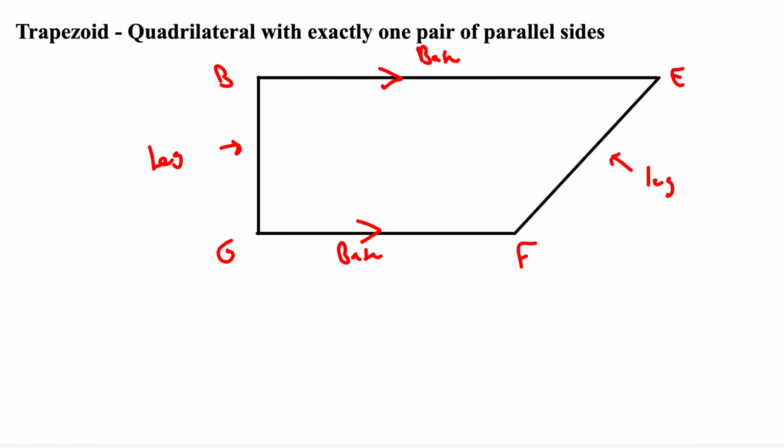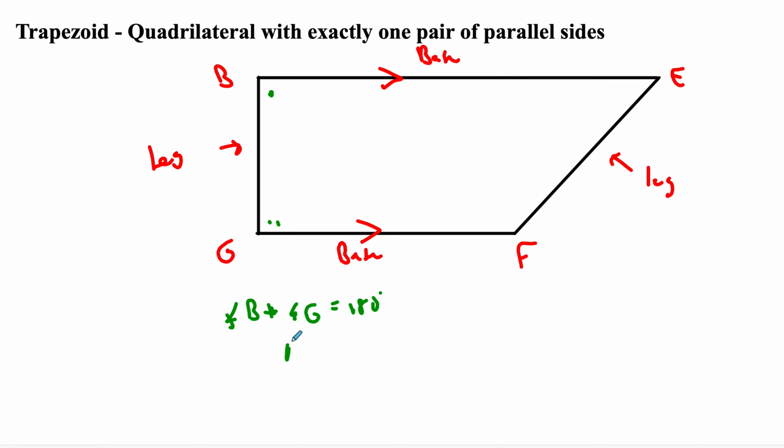Now, by dint of being parallel, it turns out that when we look at the adjacent angles, that is angle B and angle G in this case, they are not congruent, but angle B plus angle G equals 180 degrees.